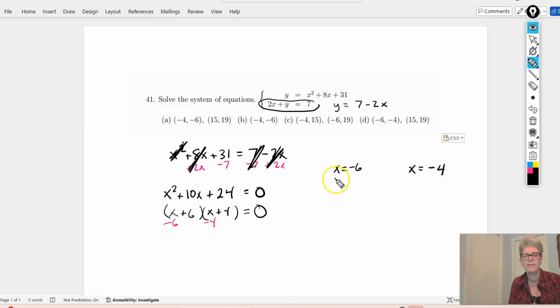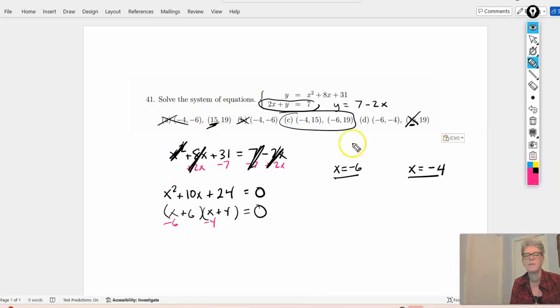As far as multiple choice questions go, it looks like it's going to be that one, yeah? Because that does not have the correct x-coordinate. That only has one. Well, it might be -6 puts me there, but no, they put -6 as a y-coordinate. And again, that does not have a correct x-coordinate. So I'm thinking C is going to be the answer.